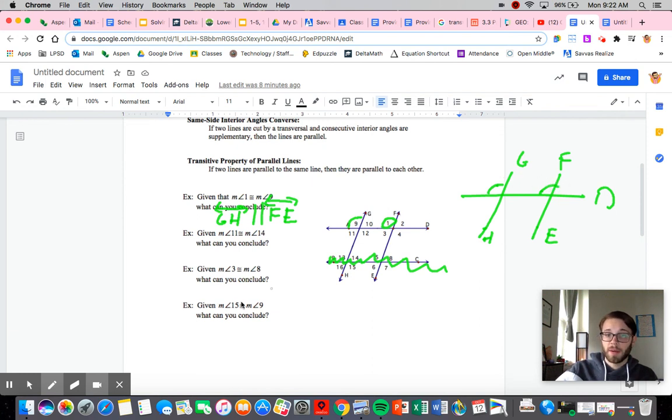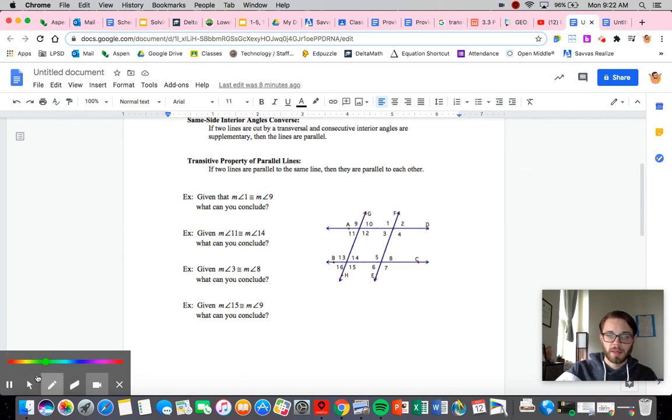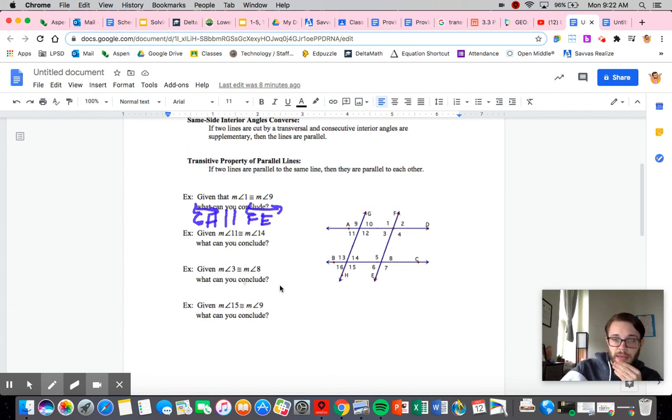The toughest part about this is going to be identifying which lines you can say are parallel. So I just realized I got rid of all of that. So let me just say GH, once again, is parallel to FE. All right. Next one, we're told that 11 and 14 are congruent here.